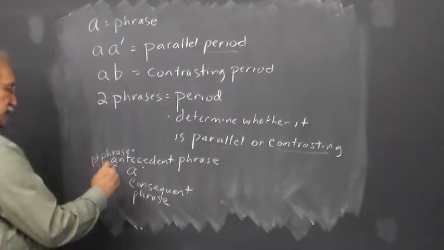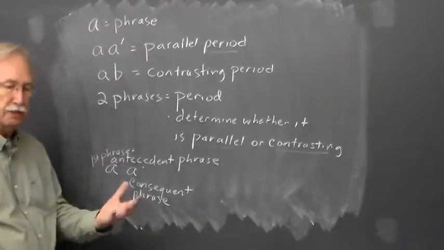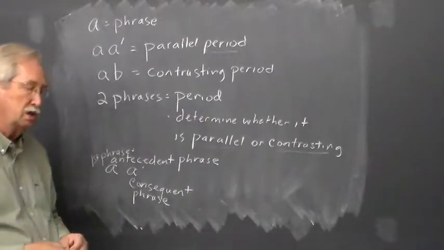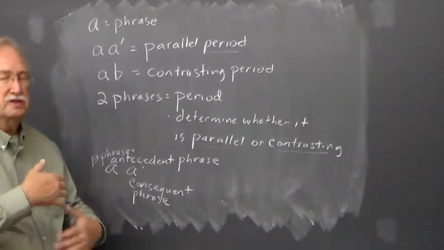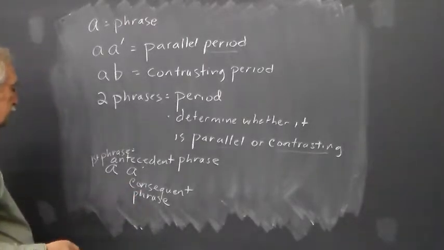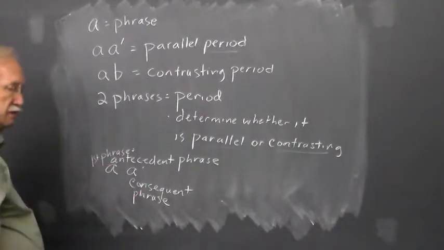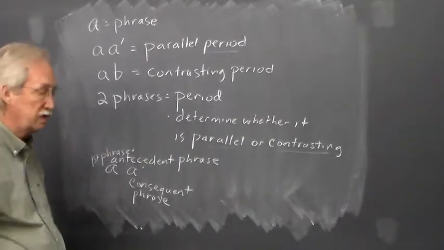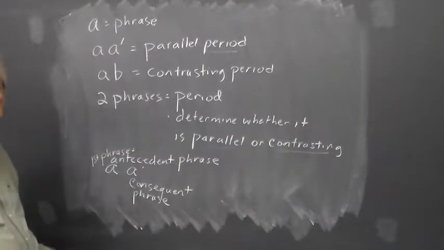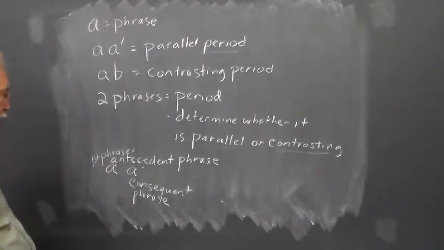So this antecedent consequent coupling together of phrases is something that's very classical, something that represents a sense of balance and symmetry. And very often the antecedent phrase could end with a half cadence, and the consequent phrase could conclude with an authentic cadence. That's the most stereotyped pattern.